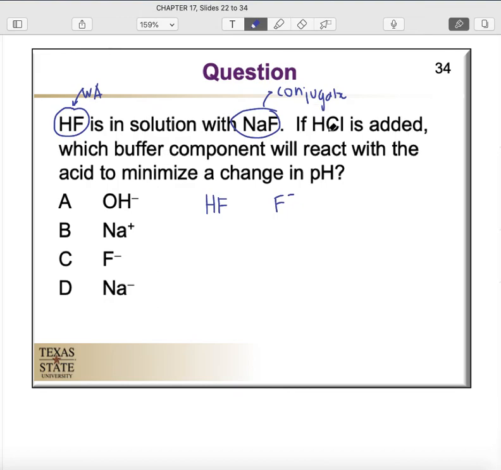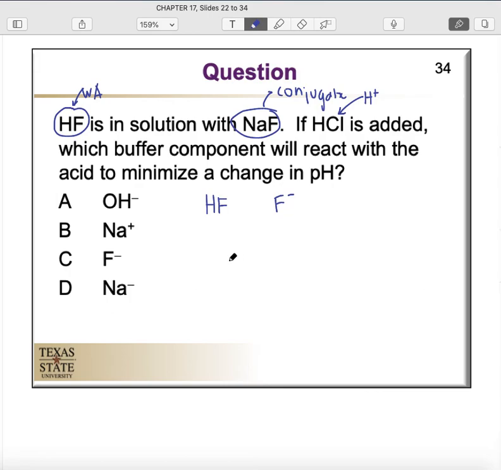All right, so now I'm adding a strong acid to that. That strong acid, basically the H plus is what's actually going to react. Chloride is another spectator ion. And so the question is, what component out of this buffer will react with that hydrogen ion in order to minimize the change in pH?